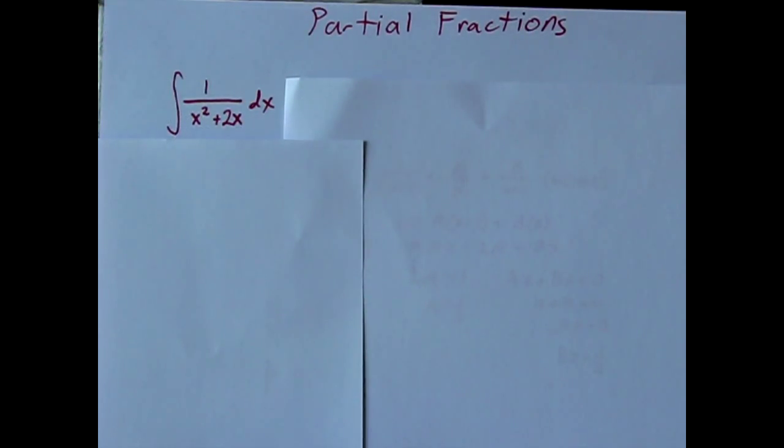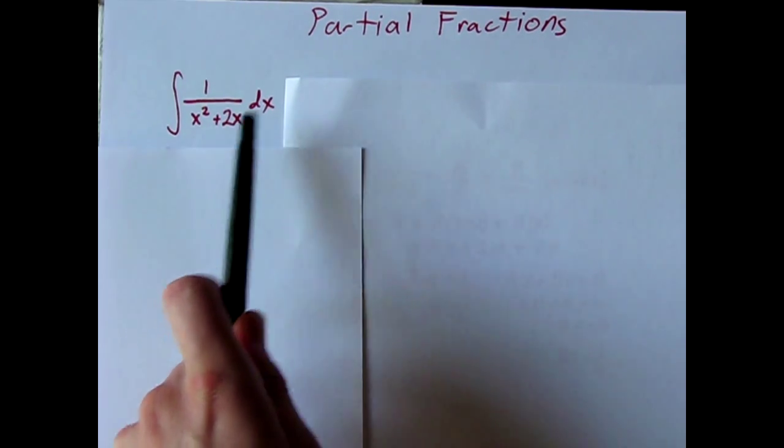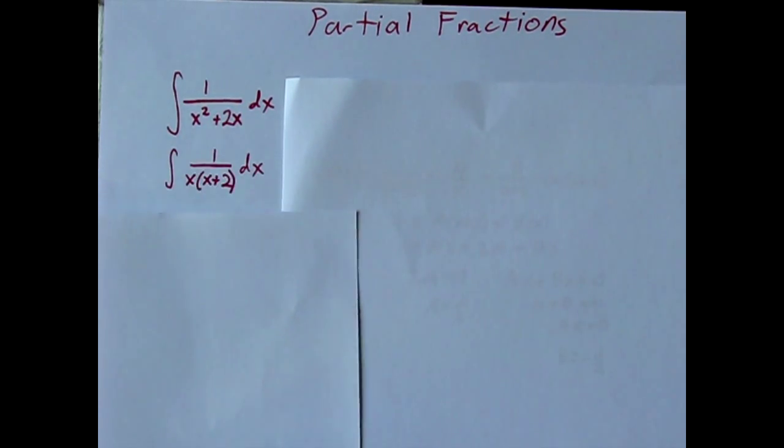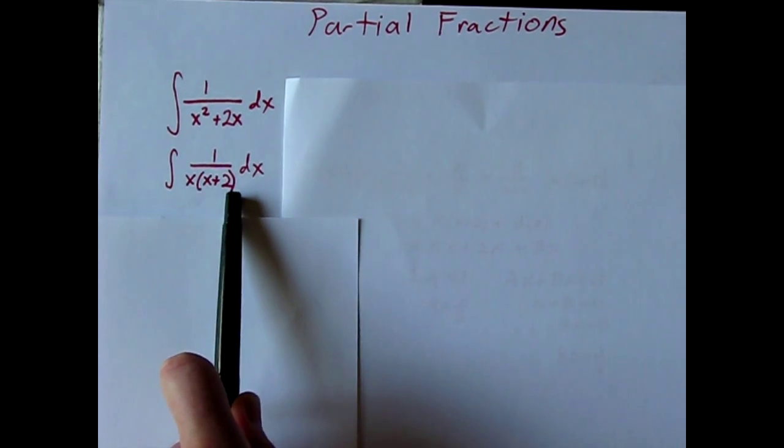Our last technique for integration is called partial fractions. When you have an integral, such as the integral of 1 over x squared plus 2x dx, you can factor out an x in the denominator and get 1 over x times the quantity x plus 2.